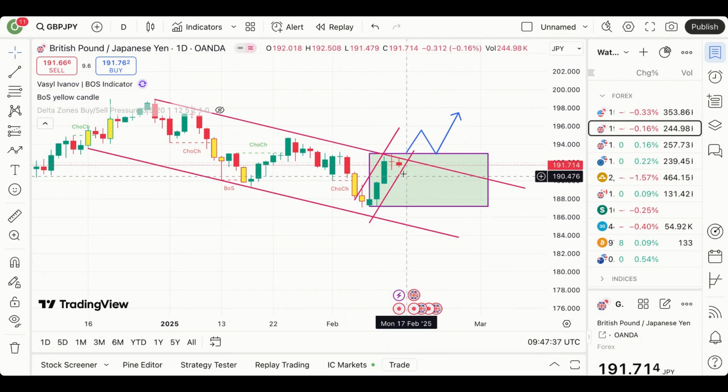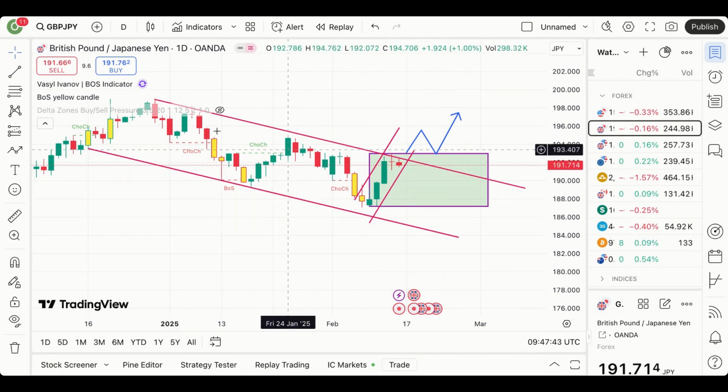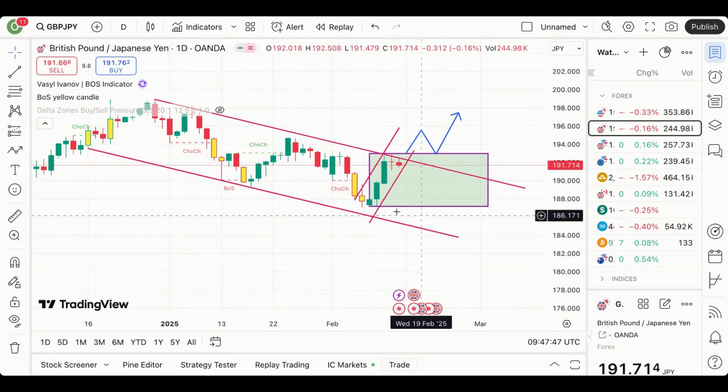There is probability that the trend will go downward. The reason is because of this trend, because it's going downward.